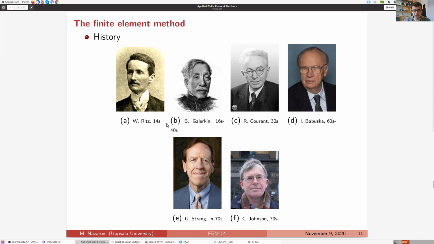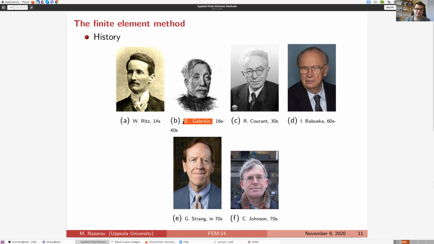So later, I think around 1916, Boris Galerkin, a Russian scientist and engineer, was either translating Ritz's paper or writing a review of it.